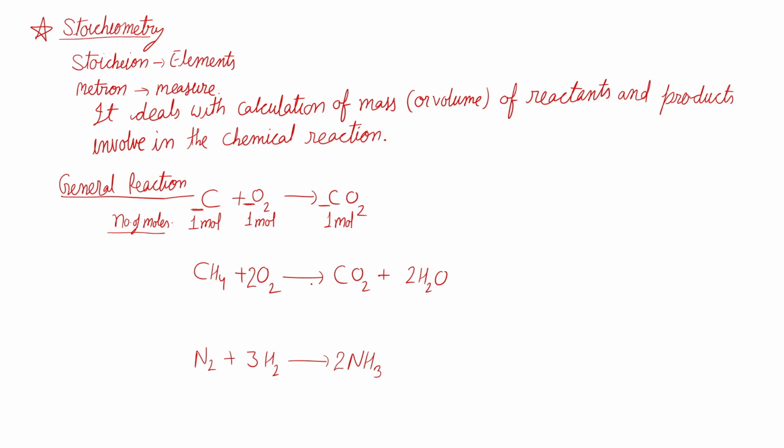In the second reaction that we have, कुछ नहीं लिखा मतलब it means 1 mole of methane. Now take a look, 2 लिखा है यहाँ देख रहे हैं आप, it means 1 mole of methane reacts with 2 mole of oxygen and produces 1 mole of CO2 and 2 mole of water there.